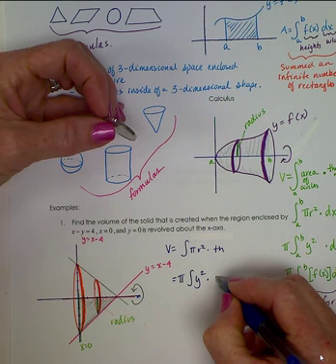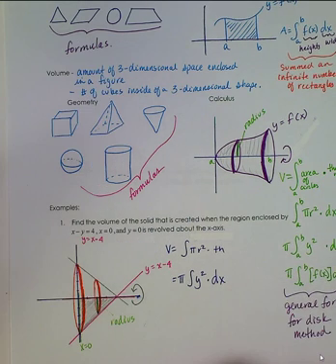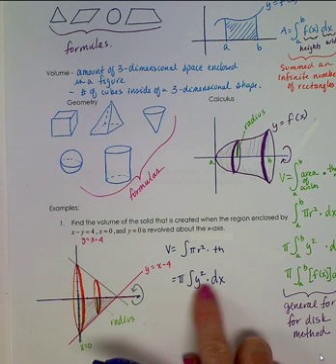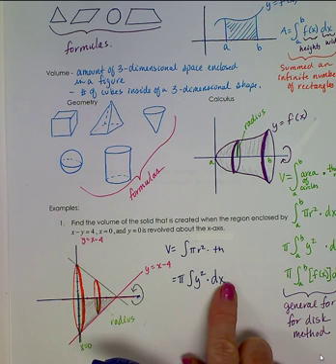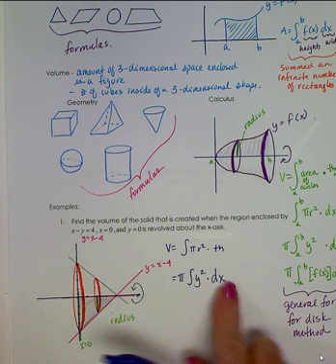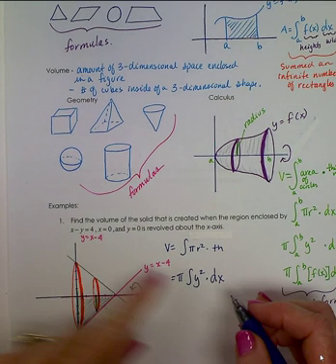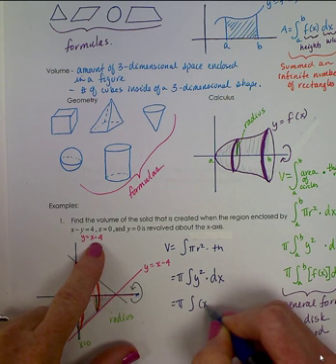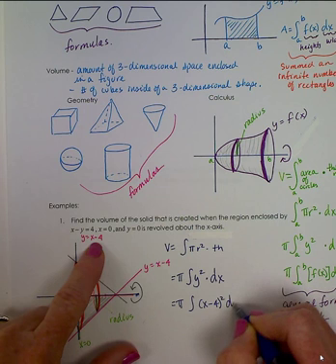So your thickness is dx. And we have a problem right here because we have y's and x's. But you know that y was x minus 4, so we can trade that out: x minus 4 squared dx.